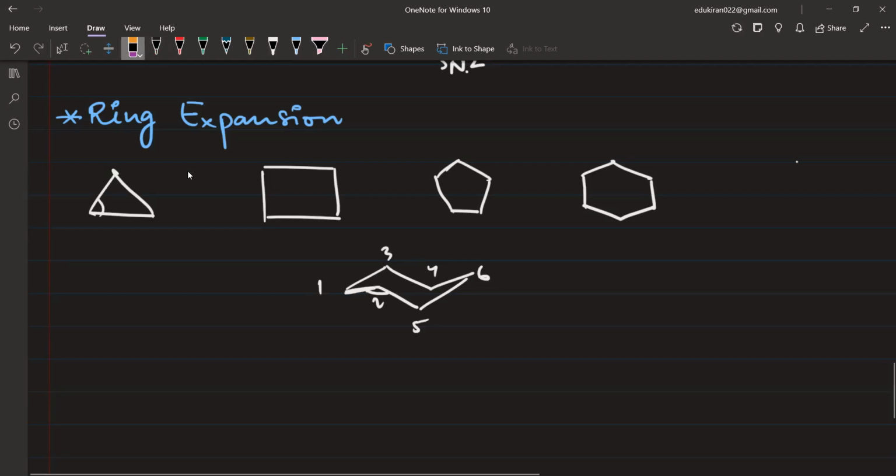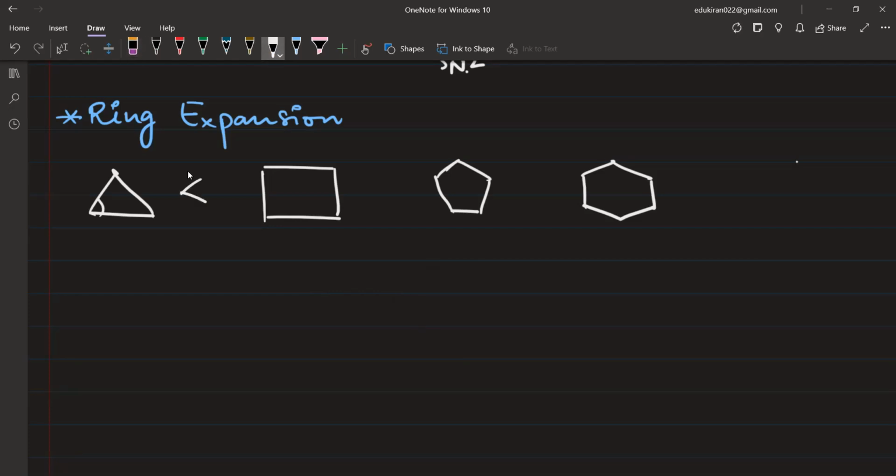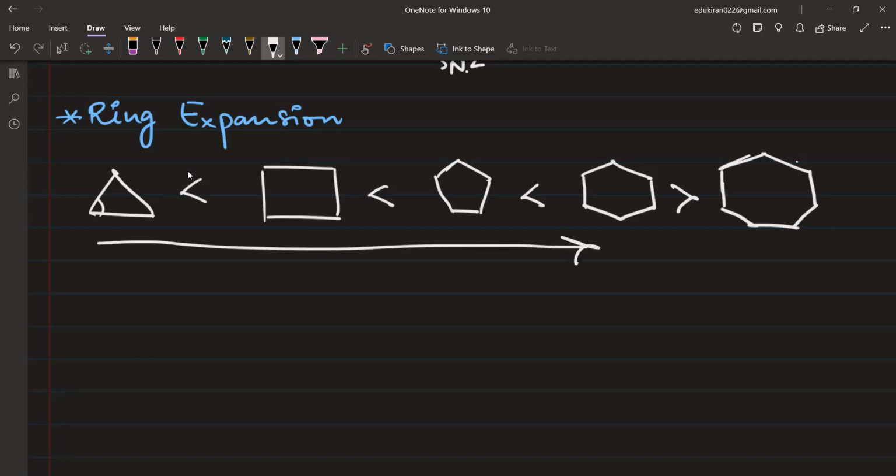That is why the 6 carbon ring is most stable. So stability increases in this order as the angle increases, and it reaches the optimal level at 6 carbon atoms. 7 is also not that stable. Okay, so 7 has this type of structure. 6 is the most stable because you can see that if I go like this, it is achieving the ideal angle.